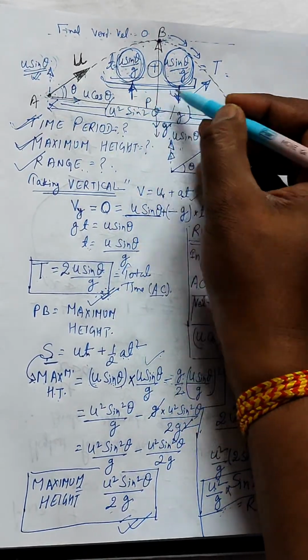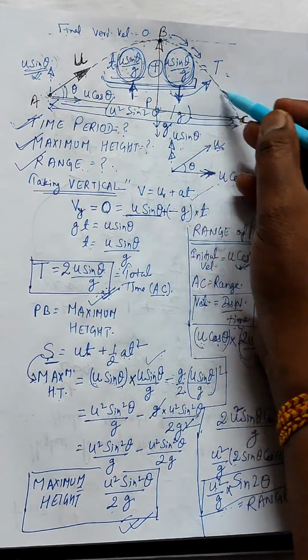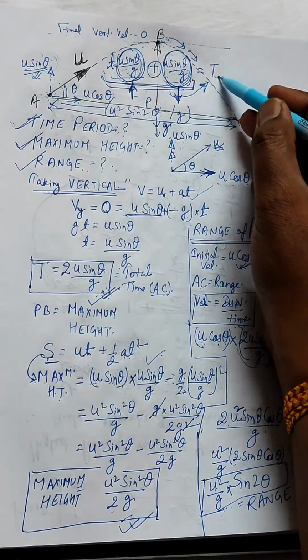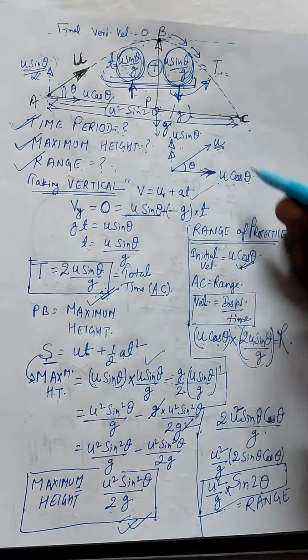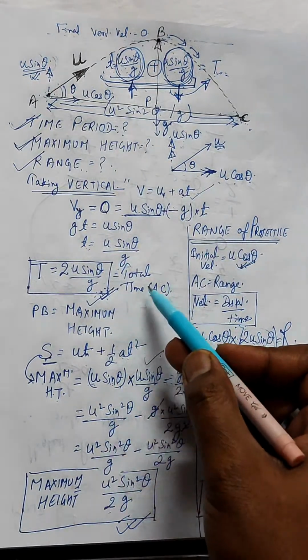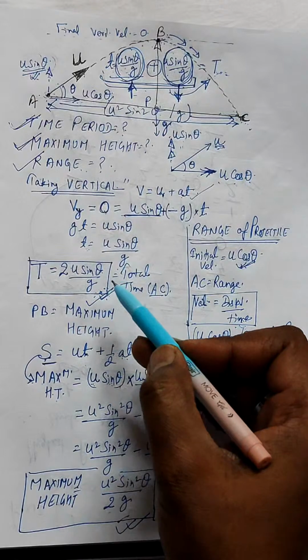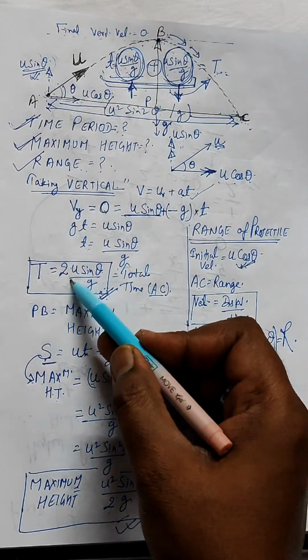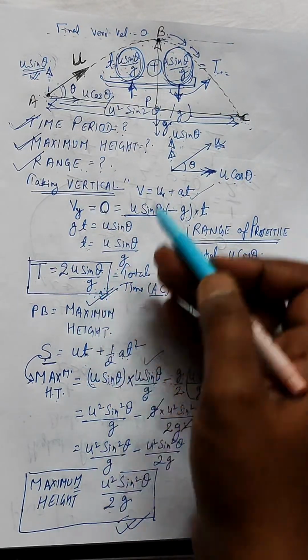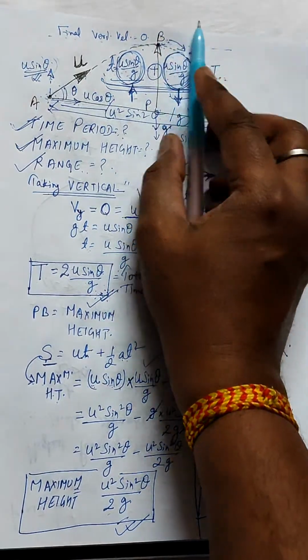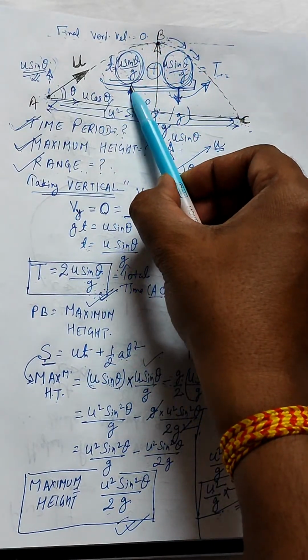These two times are added together to give you the complete time period. So just keep in mind, the total time period will be 2u sin theta by g, and half of the travel time of this projectile will be u sin theta by g, right?